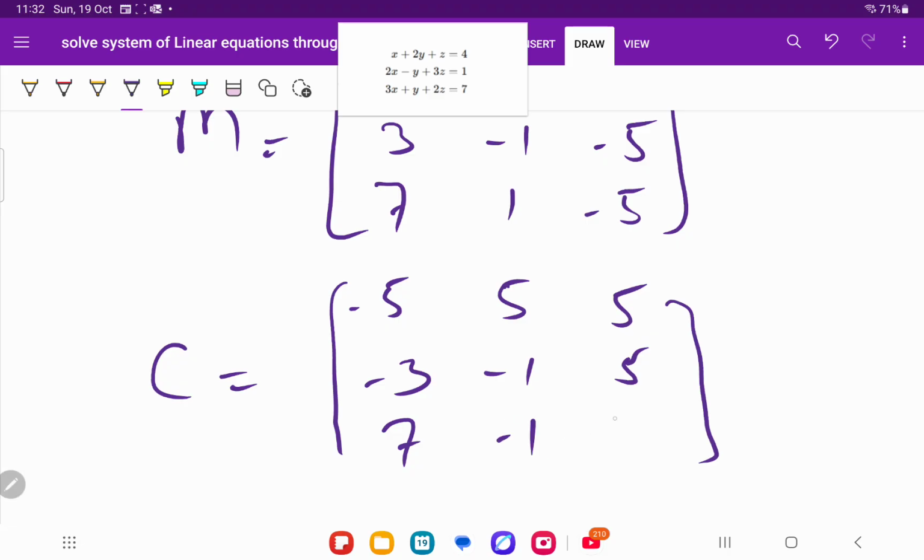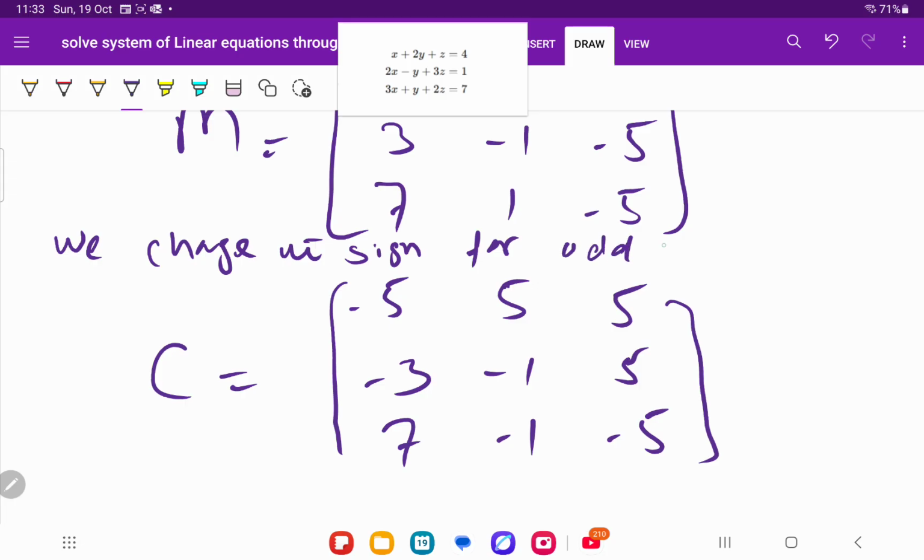And 1, minus 1 and minus 5 remain the same. Okay, so that is called the C matrix. We change the sign for odd locations.